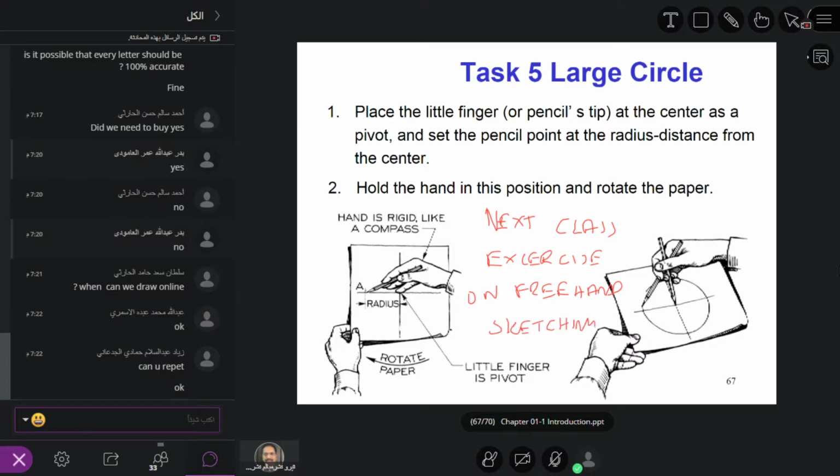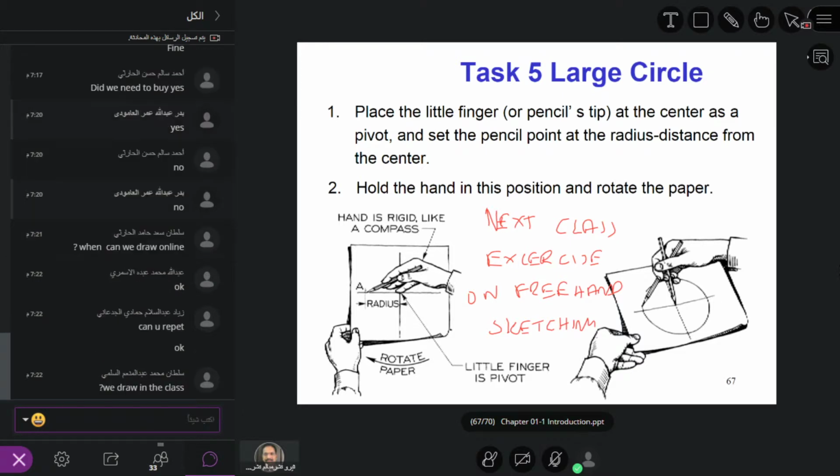So bring a paper, just an A4 sheet. Normal sheet is okay, and you draw your freehand whatever I give and submit it online. So you will get some marks. Yes, you have to draw in the class. So bring a pencil and a paper. Once you draw it, copy it and upload it to the blackboard. You will get some marks next week.